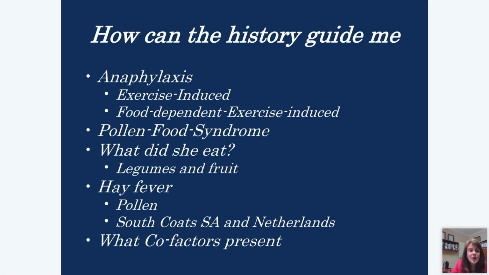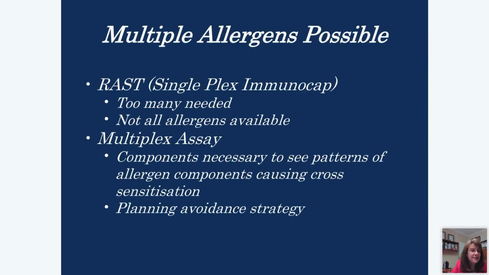So what would be tested? If I do a RAST, what am I going to choose? And if I'm going to choose, it's going to be very costly because it will be quite a panel. In one peanut, there are 9 different allergens, and I want to see pollen. I want to see in the birch tree pollen, is it the Bet v 1? So that is too complicated.